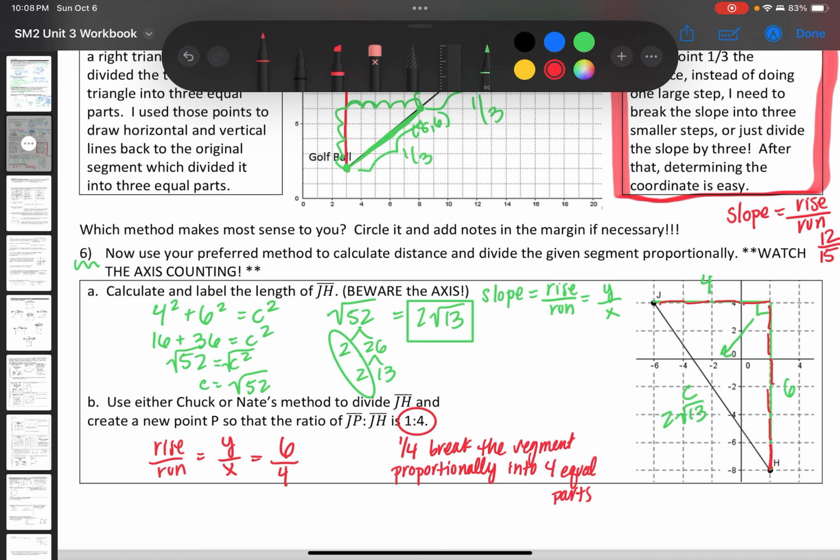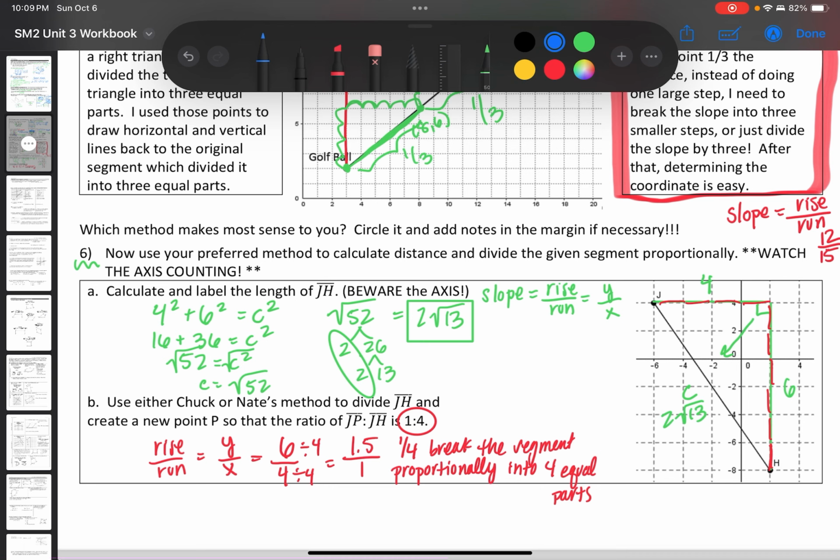If I want to break it up into 4 equal parts, I need to divide the top and the bottom by 4. 6 divided by 4 gives me a decimal, 1.5, and 4 divided by 4 is 1. So I'm going to rise 1.5 and run 1.